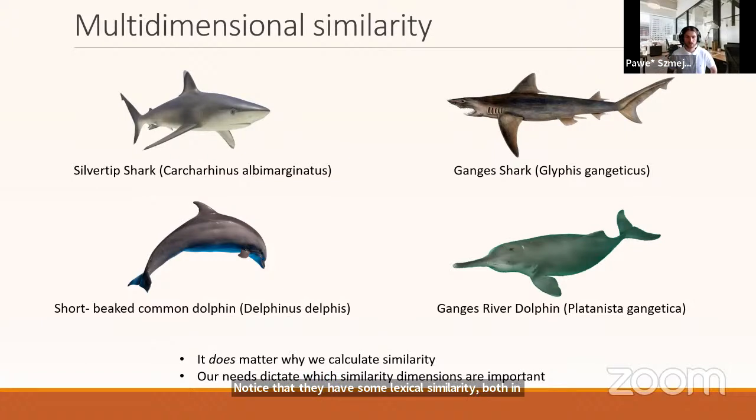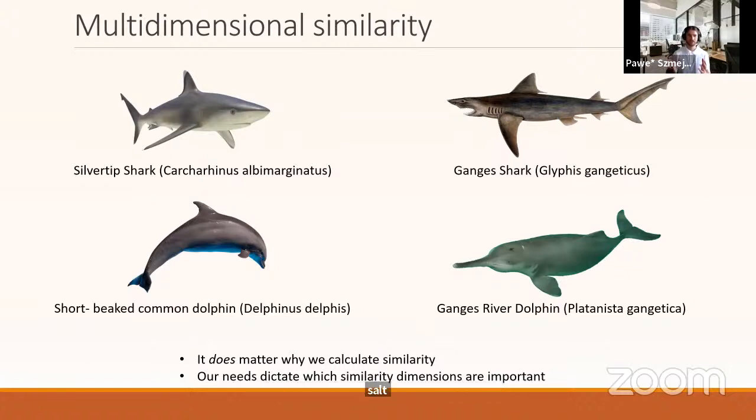Those are sweetwater animals. We don't see that on the slide. They live in the eastern side of India, so their habitat is focused on the eastern side, whereas the silver-tip shark and short-beaked common dolphin are more on the southern and western side of the saltwater shores of India.